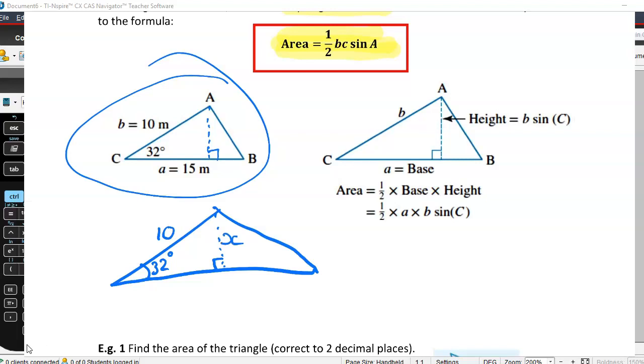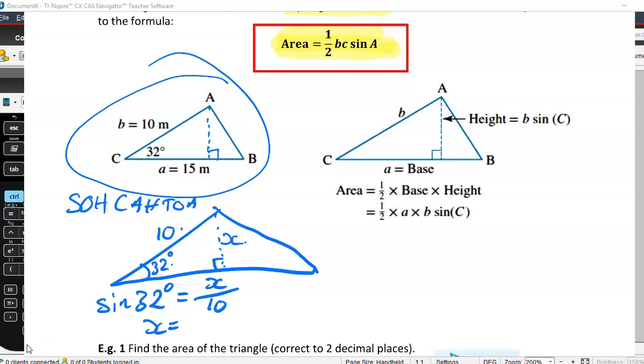That height, we've got an angle there, the hypotenuse. We want to know the opposite side. So thinking back to our ratios and our Pythag, so that is sine 32 degrees equals X on 10.